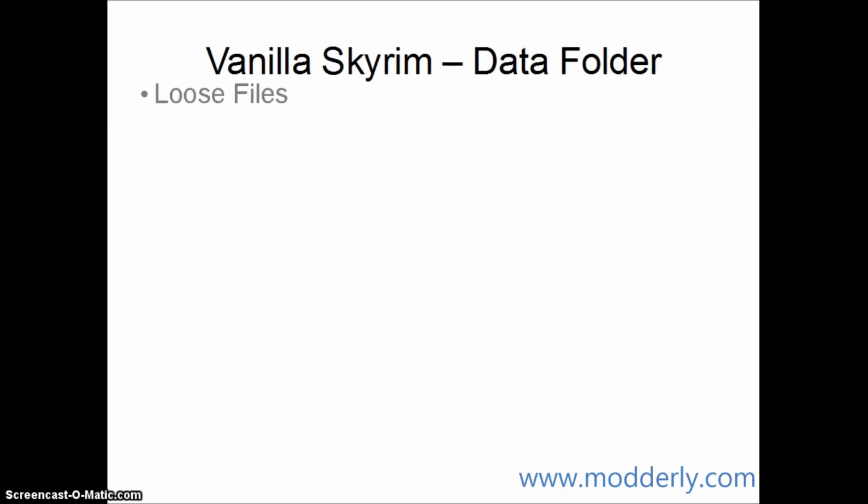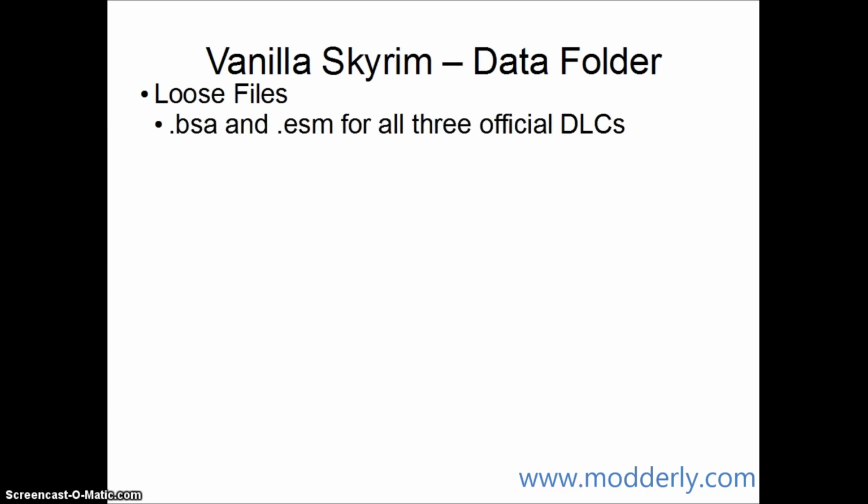Now, the loose files in your data folder, you should have the BSA and ESM files for all 3 official DLCs. So you'll have hearthfires.esm and .bsa, and the same for Dragonborn and Dawnguard. You should also have 3 ESPs for the high-res DLC if you've downloaded it. If you haven't, it's free on Steam, and you should download it.